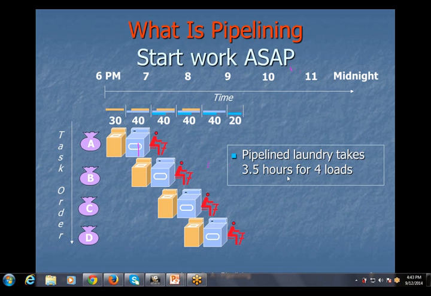It takes 3.5 hours for 4 loads. 4 loads means A, B, C, D.